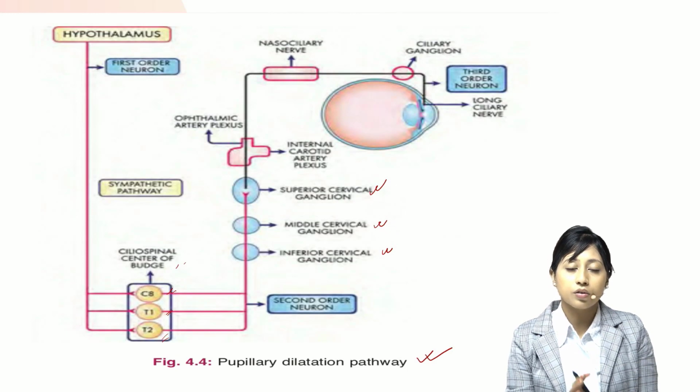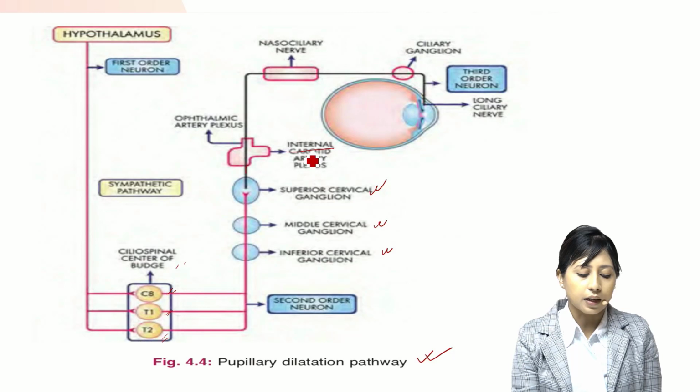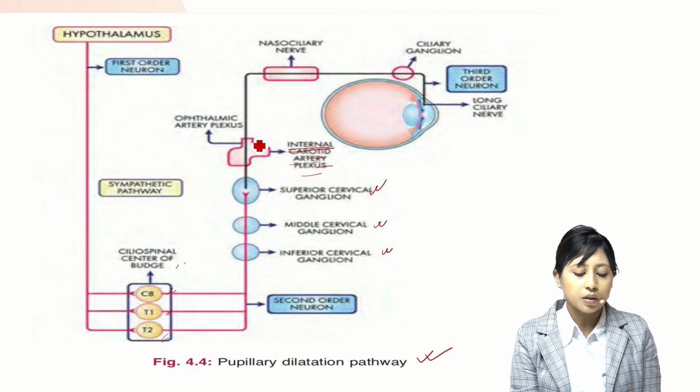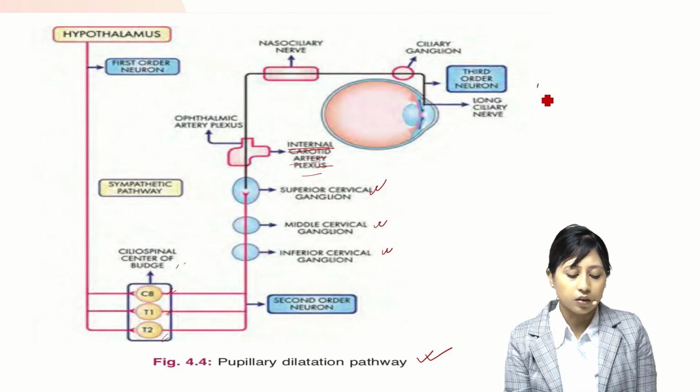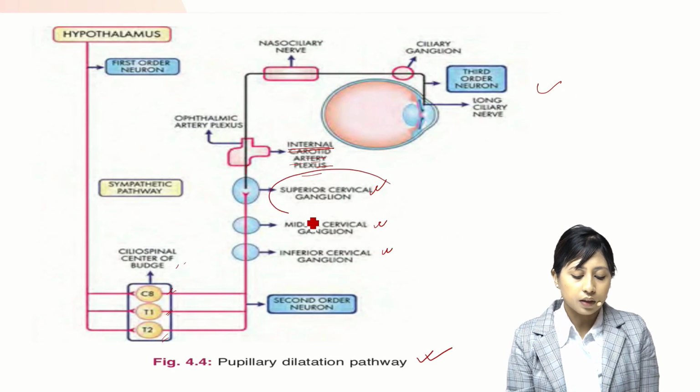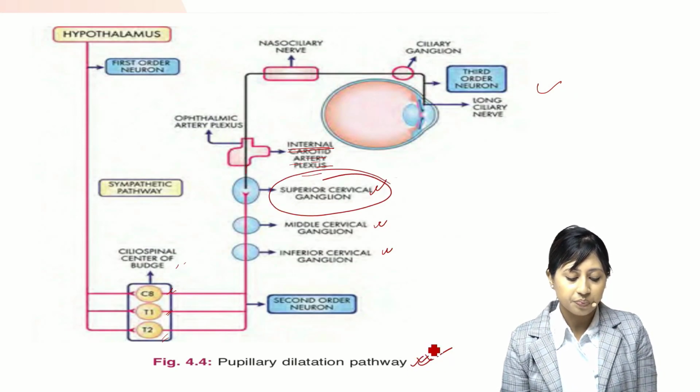Then the fibers pass through the cervical ganglia, that is inferior, middle, and superior cervical ganglion. It passes through all three cervical ganglia and goes to the internal carotid artery, and from the internal carotid artery to the nasociliary nerve, and from the nasociliary nerve to the ciliary ganglion and the long ciliary nerve. This is the third order neuron. So the superior cervical ganglion is involved in the pupillary dilatation pathway.